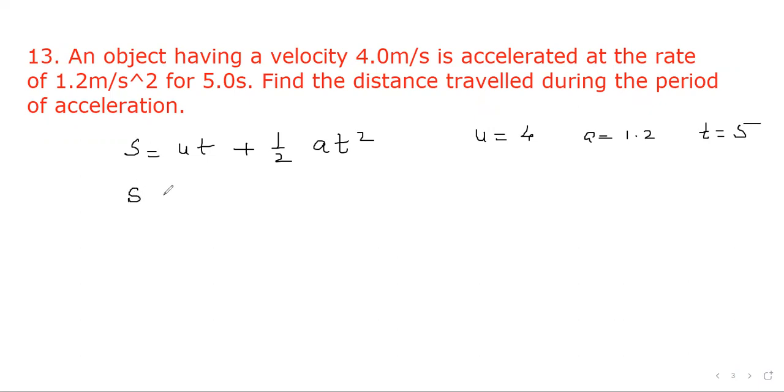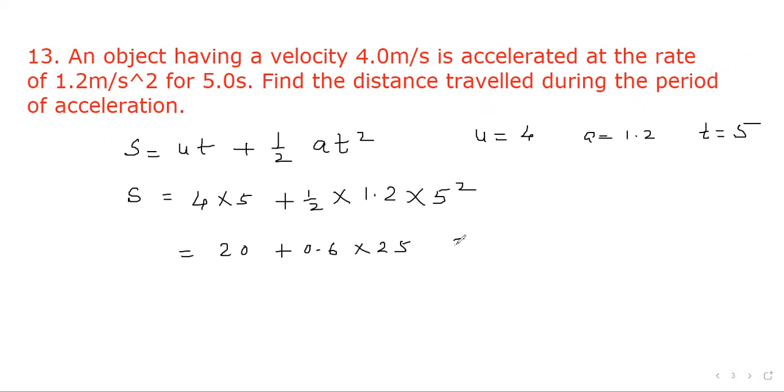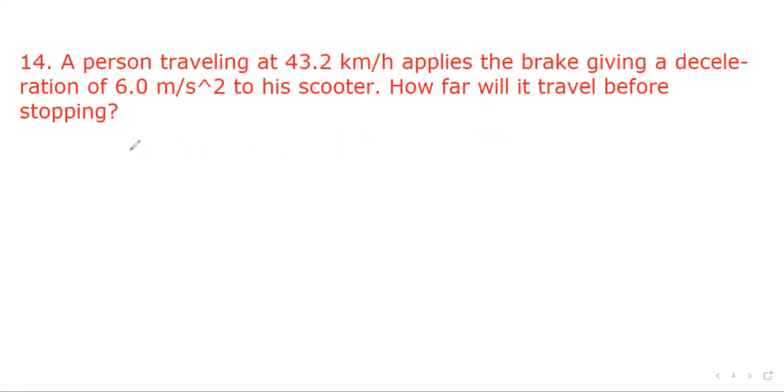So we can put the values here. 4 into 5 plus 1 by 2 into 1.2 into 5 square. This will become 20, and this will become 0.6 into 25. So this will give 35 meter.